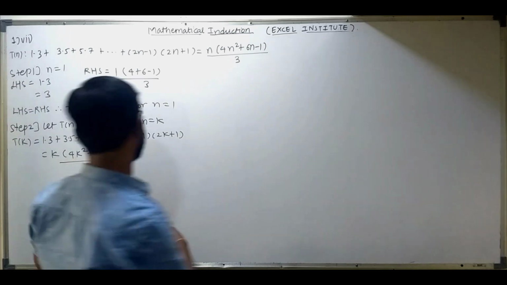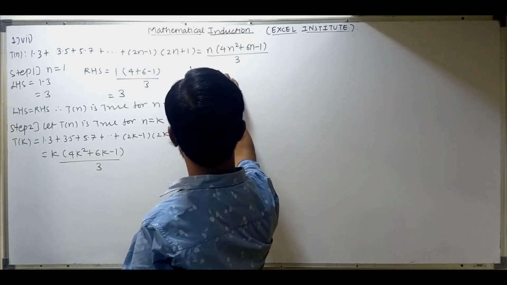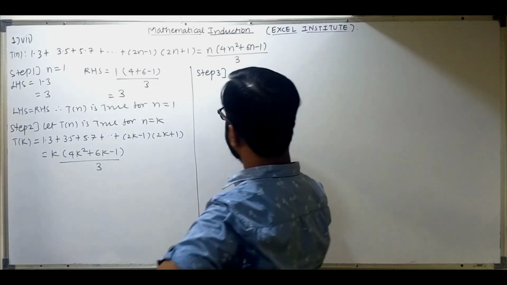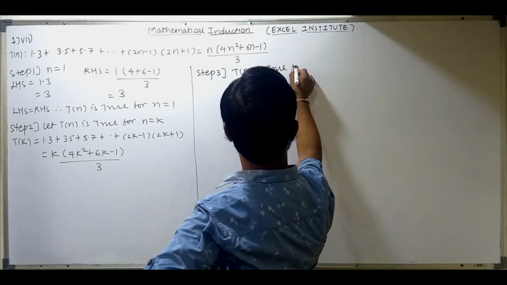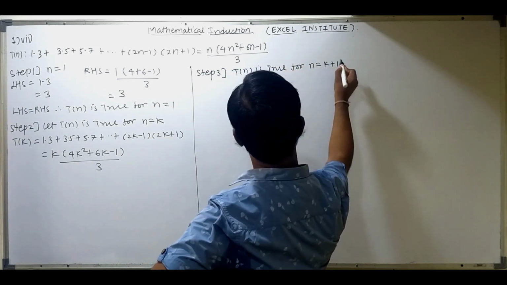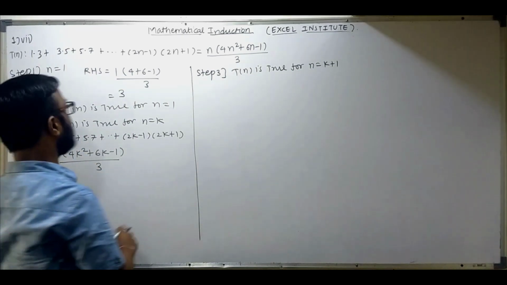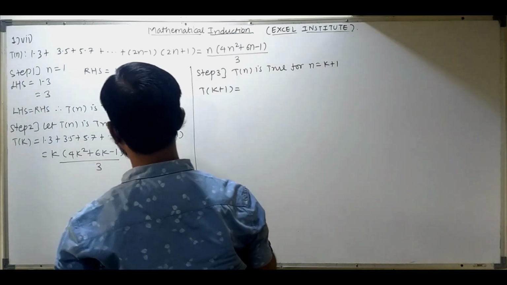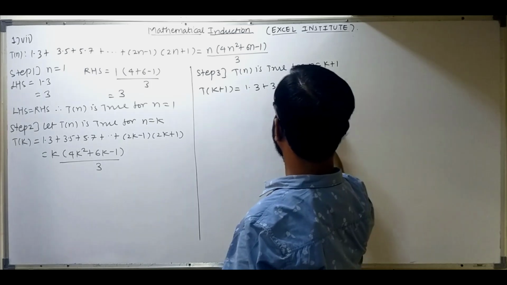Now, see the next step. Step 3. Step 3 is always the proving part. So let T of n be true for n equal to k plus 1. So T of k plus 1 is equal to 1 into 3, 3 into 5, like this.